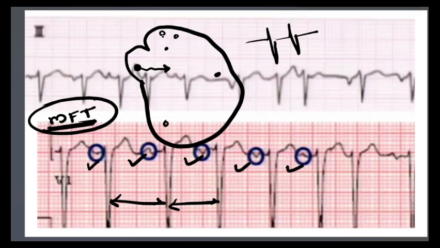That is why you are getting irregular R waves. This one is big compared to this one is small. The distance between the QRS complexes varies.